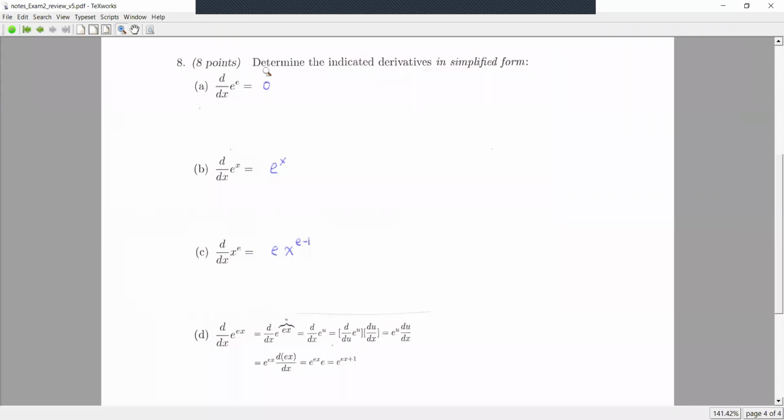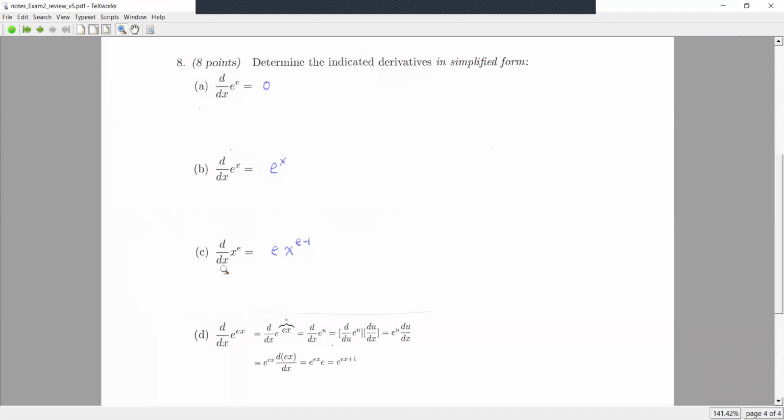Problem 8. Determine the indicated derivatives in simplified form. Part A. Derivative of e to e is 0 because e to e is a constant, doesn't depend on x. Part B. Derivative of e to x is e to x by formula.